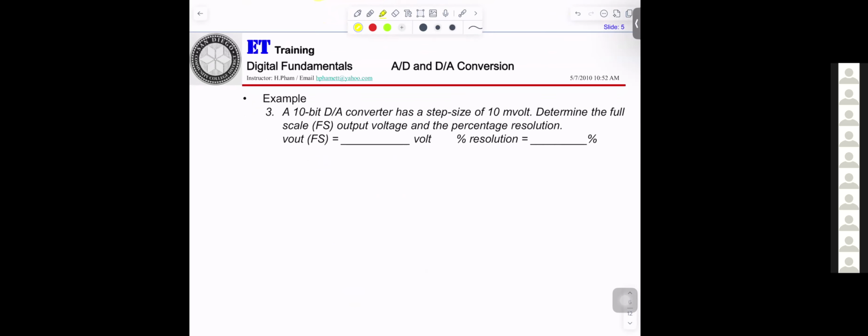A 10-bit DA converter has step size 10 millivolt. Determine the full scale output voltage and the percent resolution.